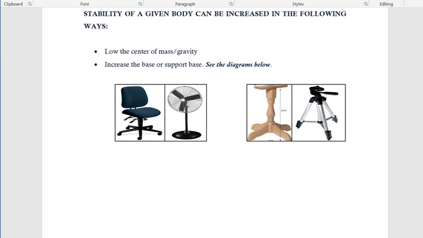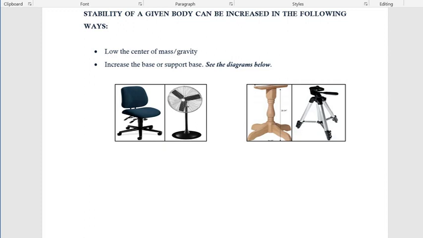That's why, if you're standing and you have a wide stance, you have more stability than an individual who has their legs firmly together, not a certain distance apart.